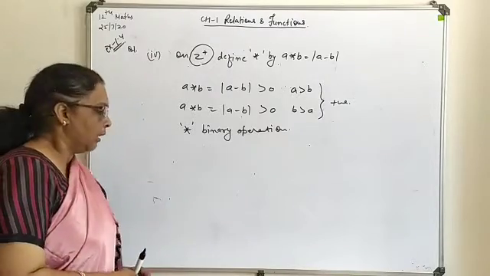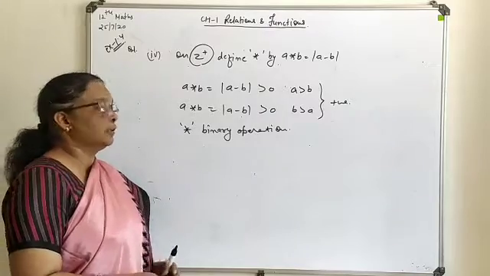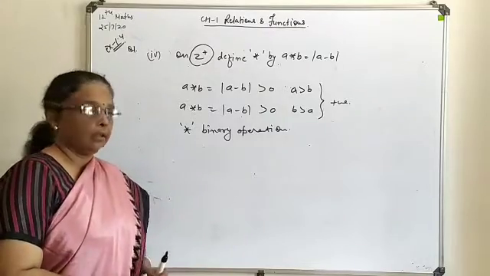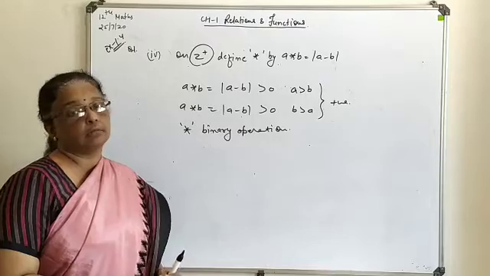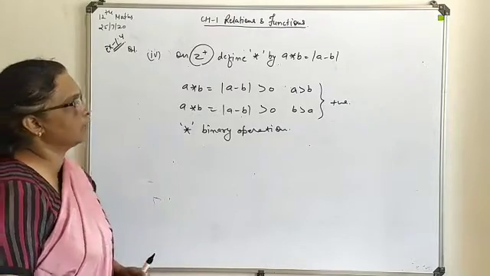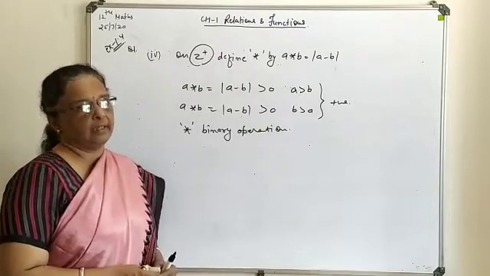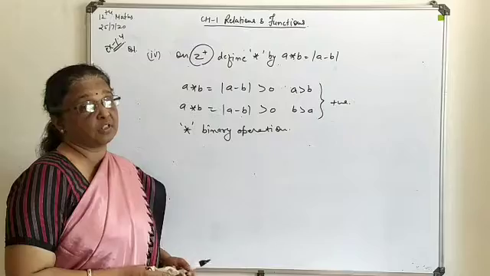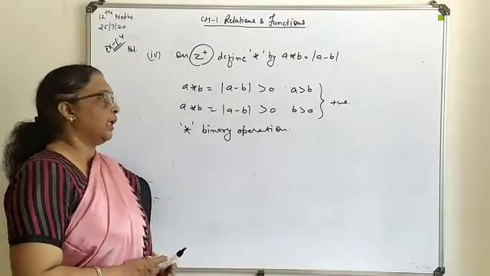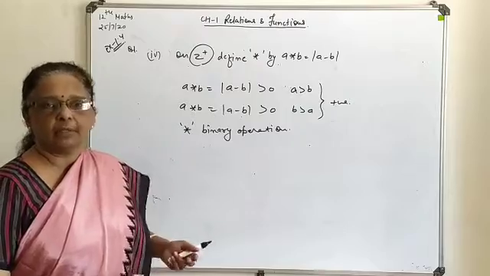In order to do the same, we are going to check whether this given binary operation exists for commutative or associative law or not. Commutative law means it exists for two elements, that is, A binary with B should be the same as B binary with A. And if you are talking about associative law, we have to deal with three terms.